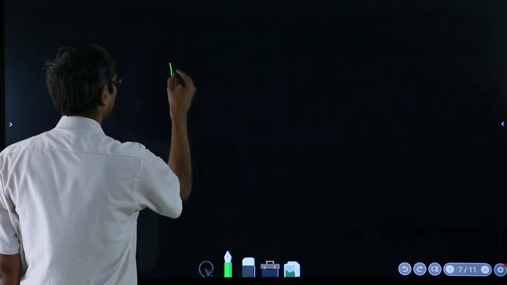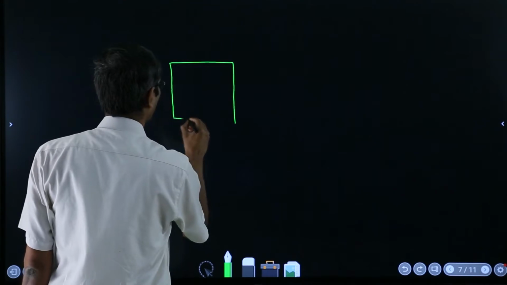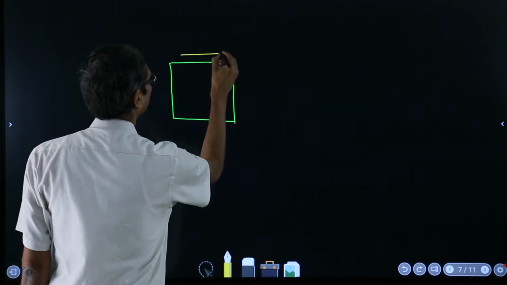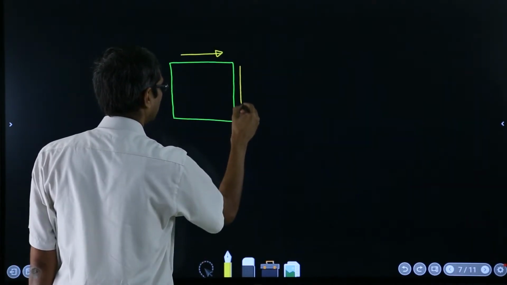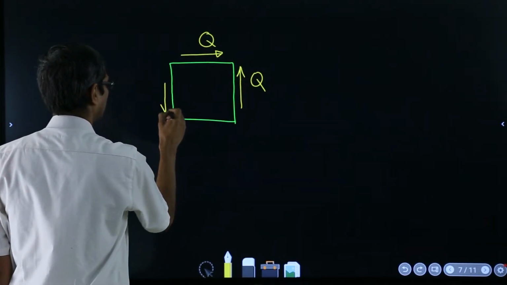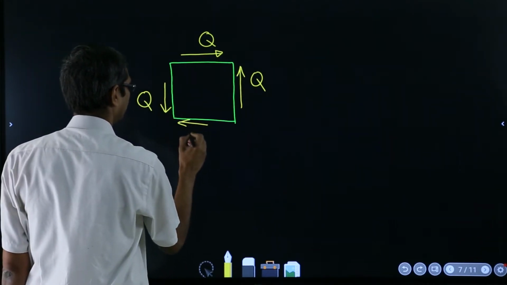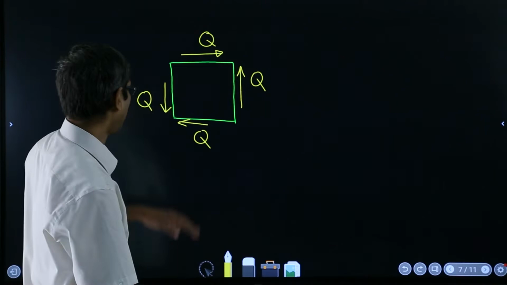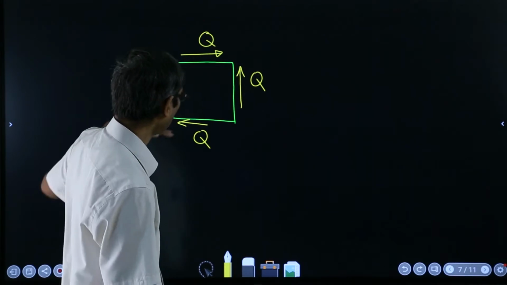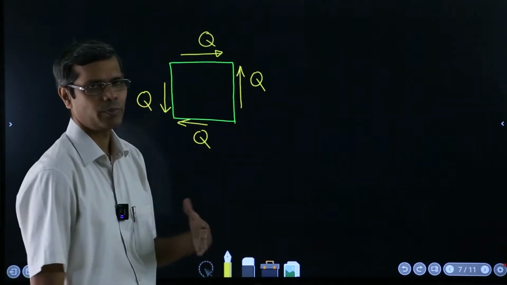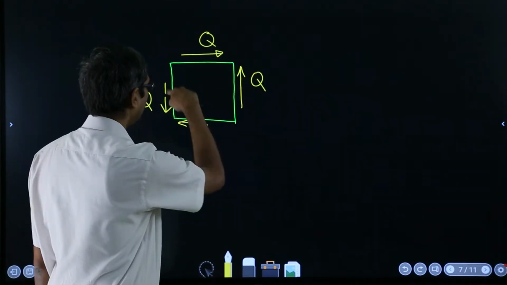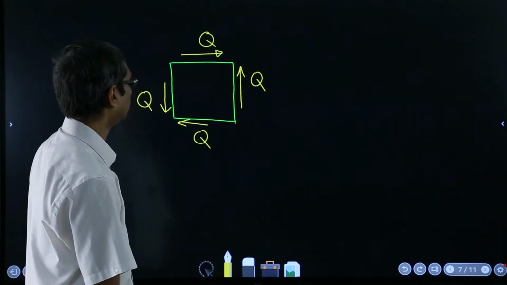The same cube is there with us, and now we are applying the loading like this, shear stresses Q, Q, Q and Q. Whenever we want to apply this shear, our main idea is to apply this Q, but obviously these stresses will be there to maintain the equilibrium. So, stresses definitely will be in this form that we now know.